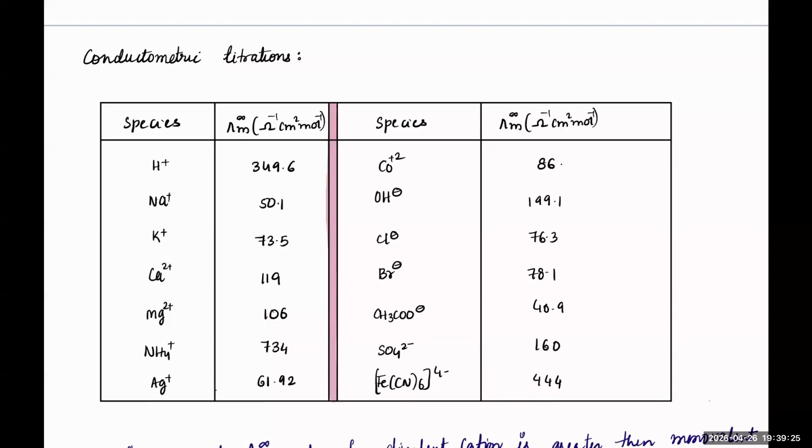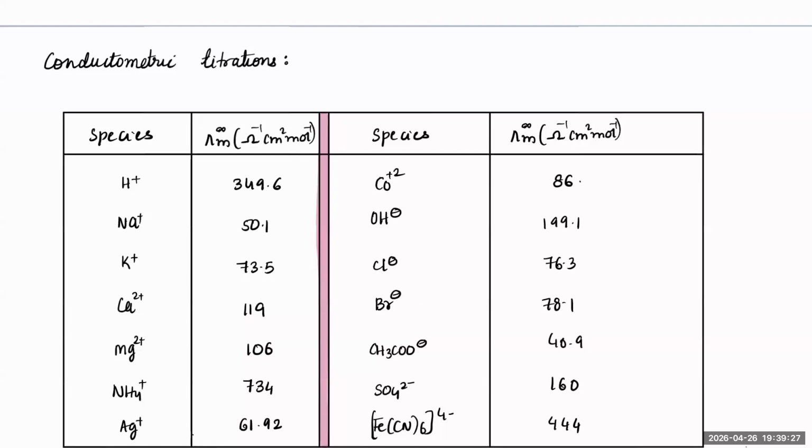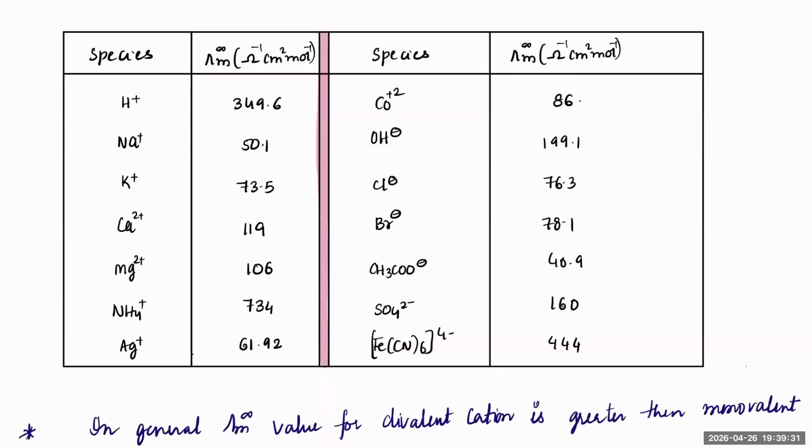Let's learn this. Theoretically, this is the last topic which we need to know: conductometric titrations. Basically, the independent values of lambda m infinity for various cations and anions is this list. You may have noticed that the lambda m infinity value of H plus is very high compared to that of other cations.